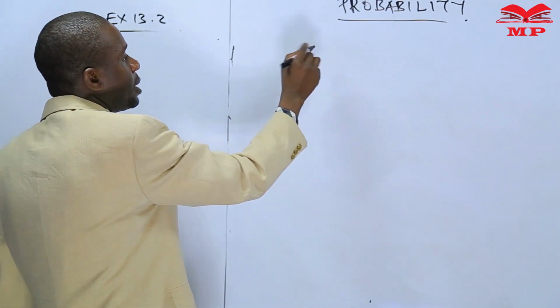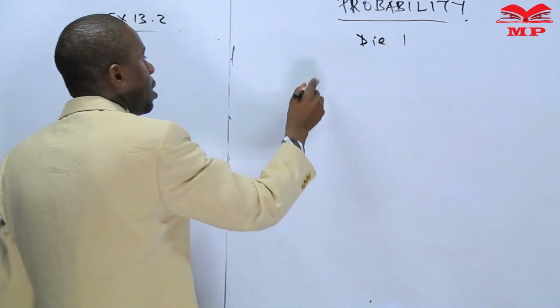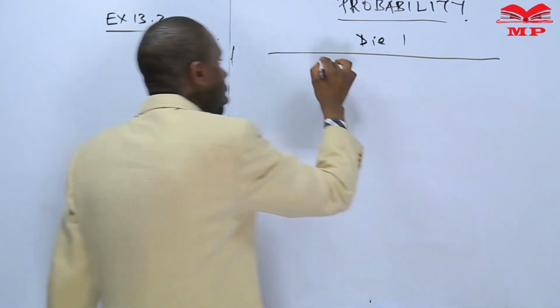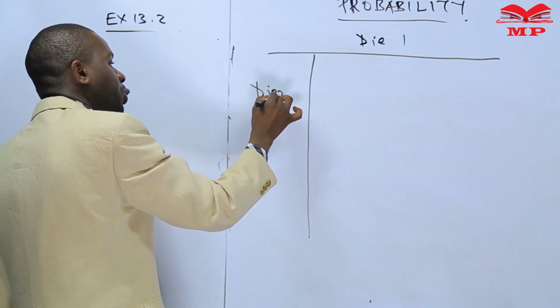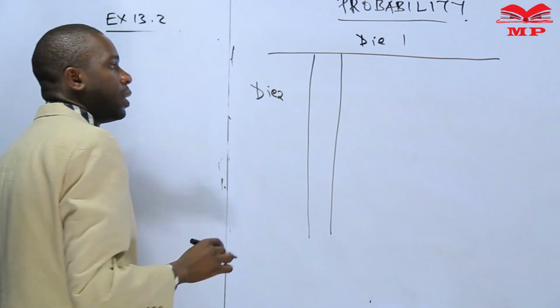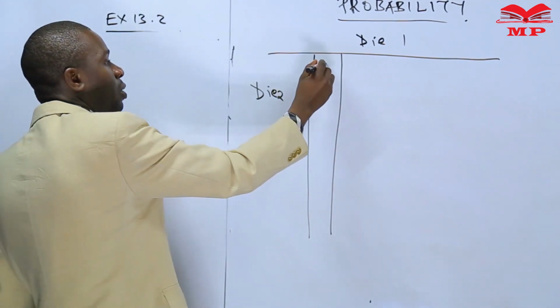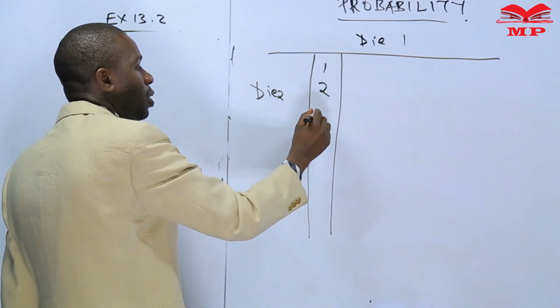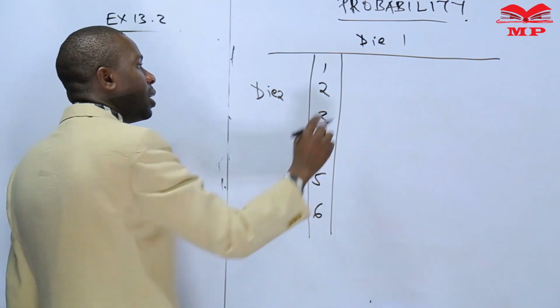So when we look at this, we can have die 1, and at the same time we can have die 2. Working with the dice, a die has 6 faces, so you're going to get a face with 1 dot, 2 dots, 3, 4, 5, or 6.